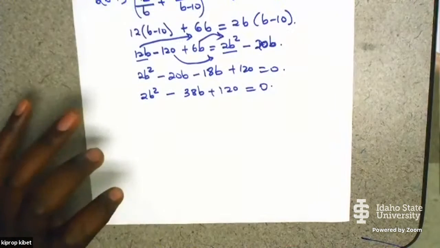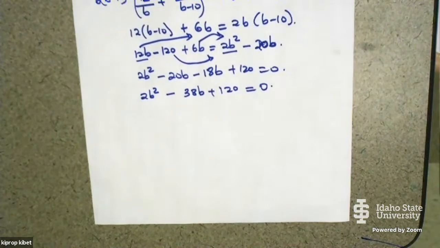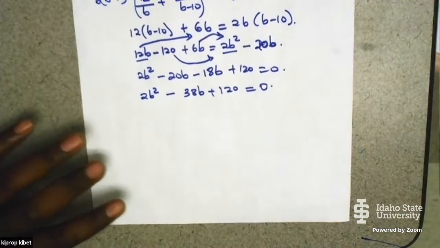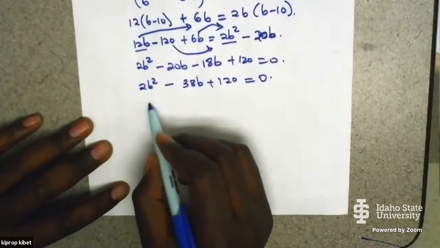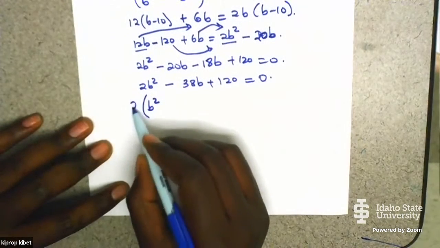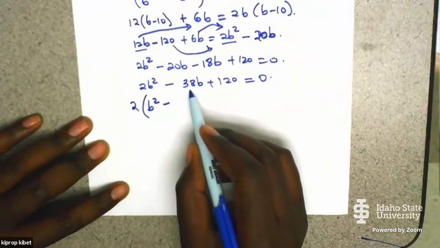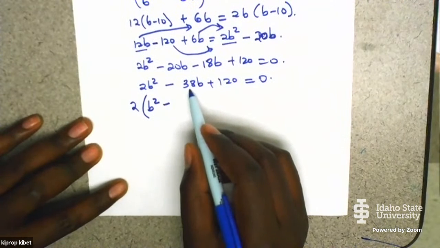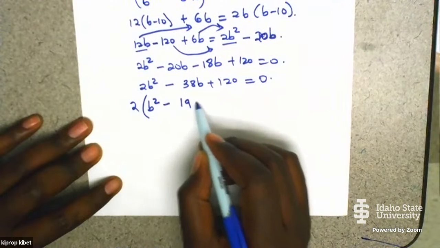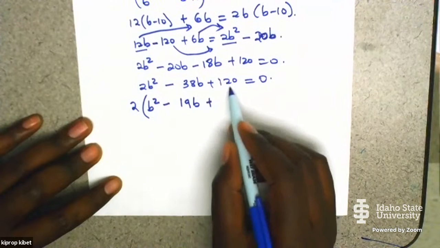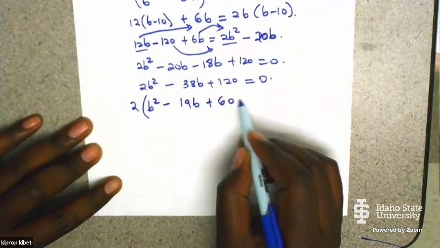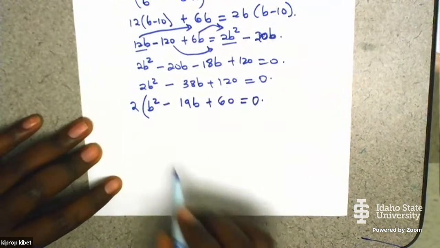So we can factor out 2. So when you factor out 2, you get B squared minus 19B plus 60 equals 0.